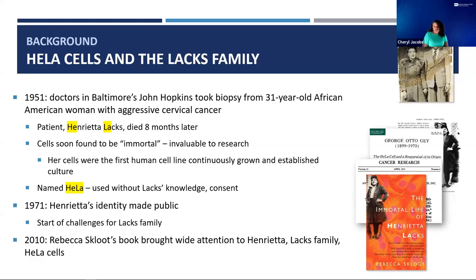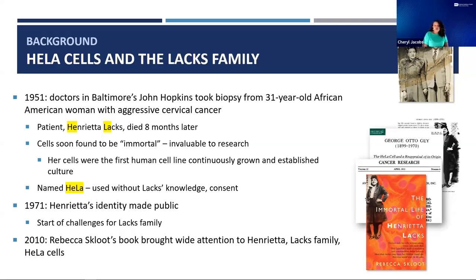This was invaluable to research, and these became the first human cell line to grow continuously in culture, and were named HeLa cells, HE from Henrietta and LA from Lacks. But one thing to point out is that these cells were established and used without Henrietta Lacks' knowledge or her consent.